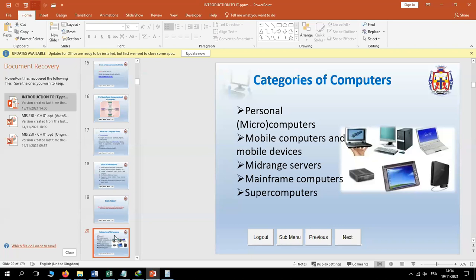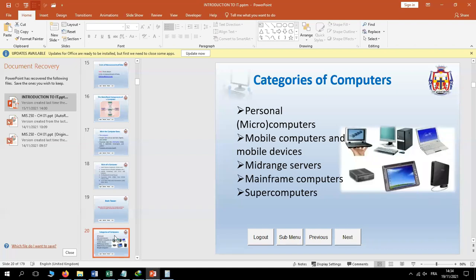It is the smallest in size, and it's the cheapest. It is the most common type of computer that is available everywhere. Now we can look at different types of personal computer, for example the ones we are using right now.